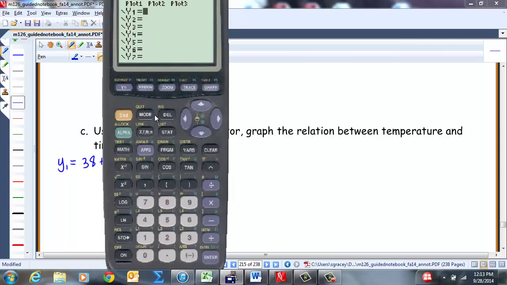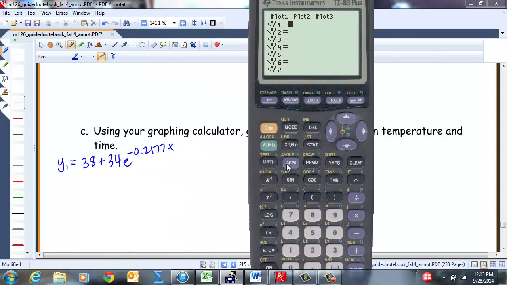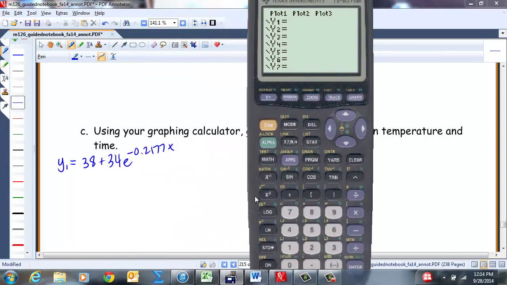Okay, so there we go. We had 38 plus 34 times e raised to the negative 0.2177 times x.